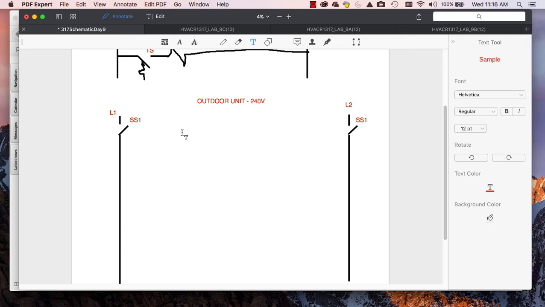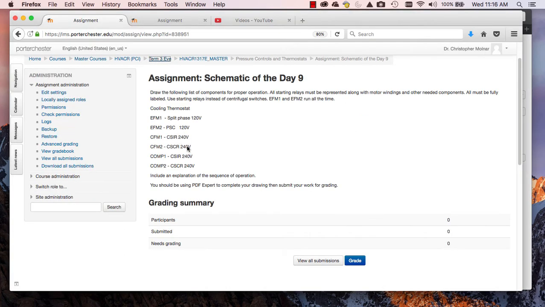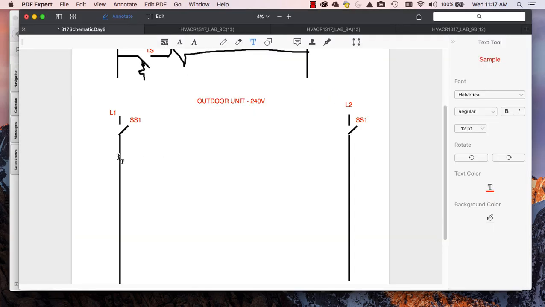Okay, so now what do we have outdoor? Okay, it's asking for us for 2 compressors and 2 condenser fans. Okay, one of the compressors and one of the condenser fans is a CSIR, capacitor start induction run. So now the other thing that we noticed is the outdoor unit actually has, remember, it's controlled by that CC, the compressor contactor.